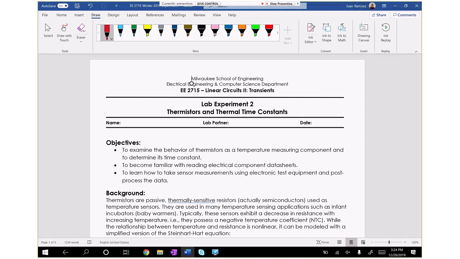A sensor might be a temperature sensor or a pressure sensor or a speed sensor, and those sensors will typically give you an output voltage or current that's proportional to one of those values. So there's some post-processing that typically has to be done to find your actual speed value or pressure or, I forget the last one I said, or temperature value. Okay, so that's what the objectives are.